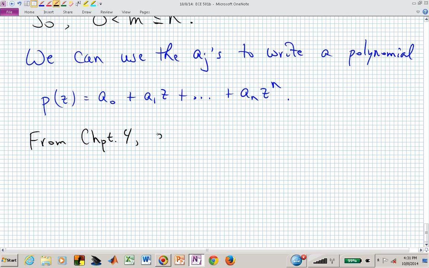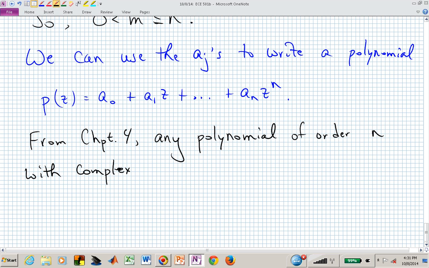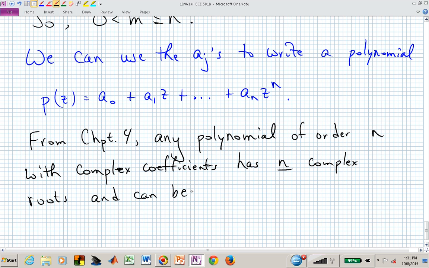So from Chapter 4, since we're on this complex vector field, any polynomial of order n with complex coefficients actually has little n complex roots and can be factored into little n terms.